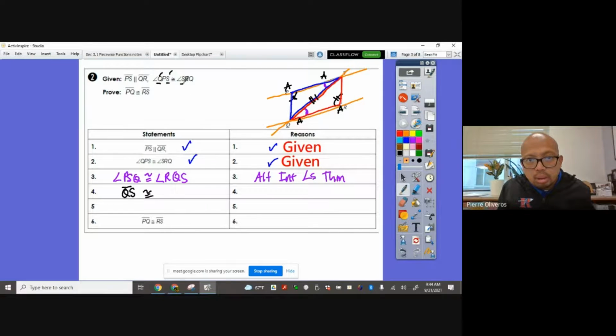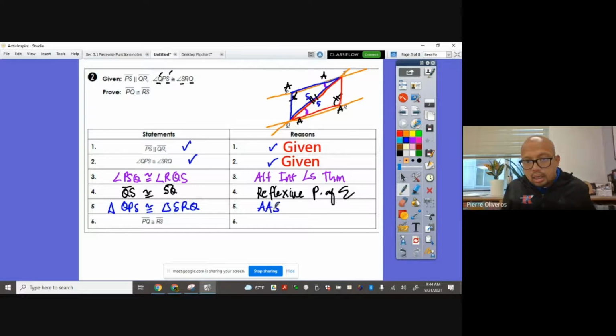So here it is going to be SQ. Same segment, shared side, that will be the reflexive property of equality. Now we have a side here and a side here. So we can say that triangle QPS is congruent with triangle SRQ using AAS.